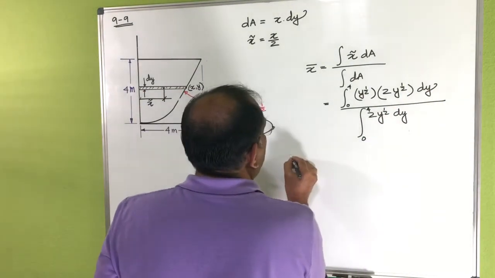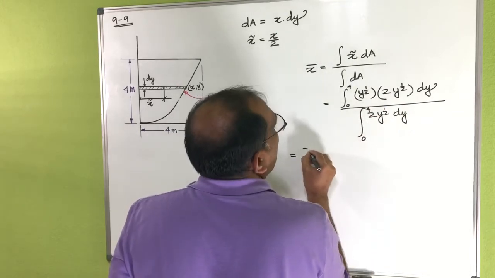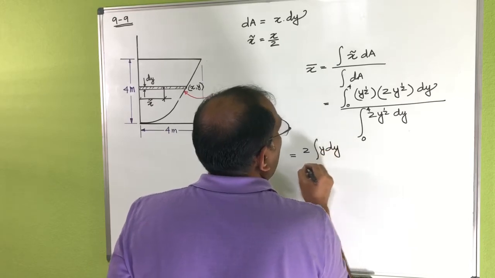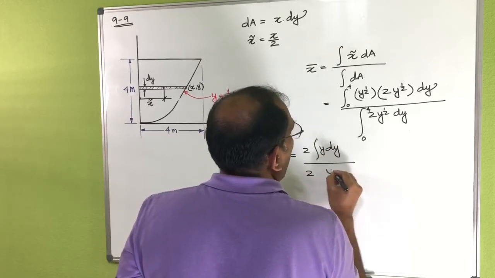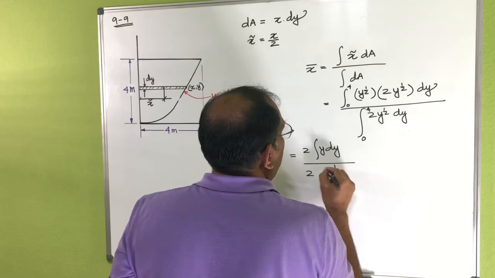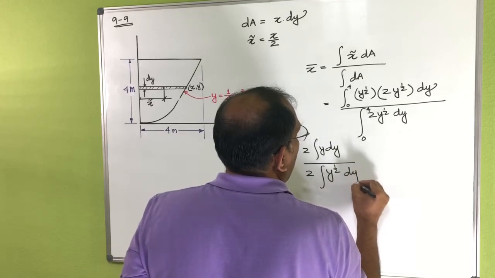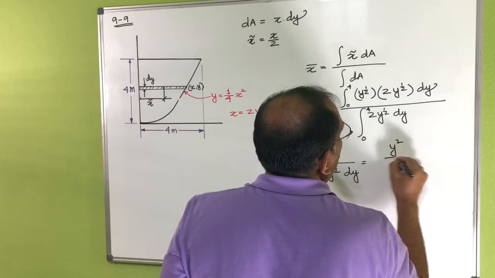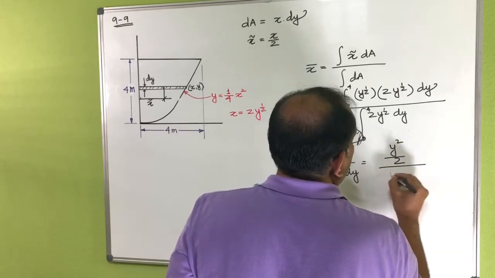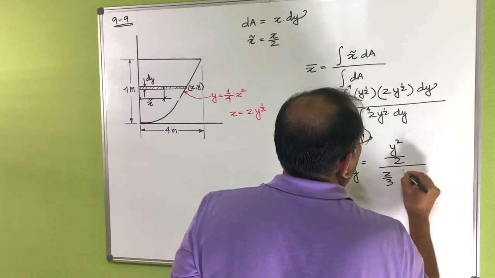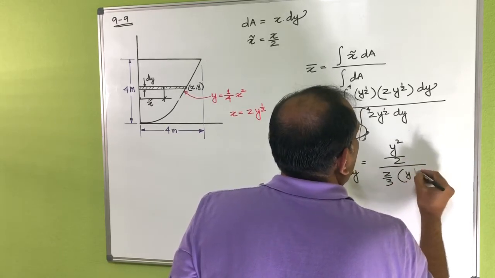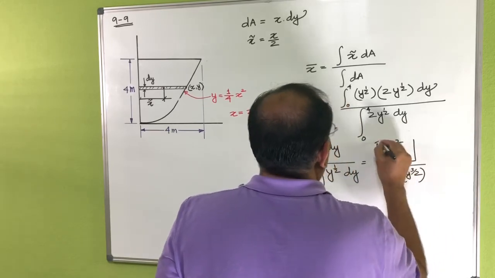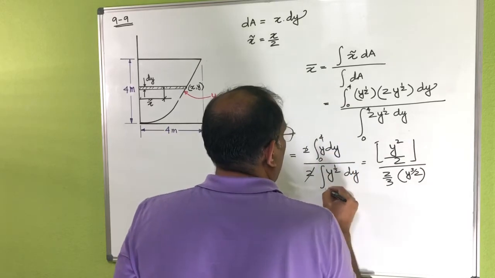So if I simplify that one here, that you can say 2y dy, and this is 2y to the power half. So that is y squared by 2, and this is 2/3 of y to the power 3 by 2, and this is from 0 to 4.